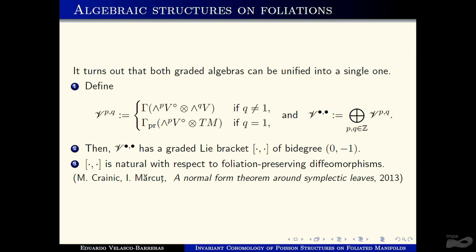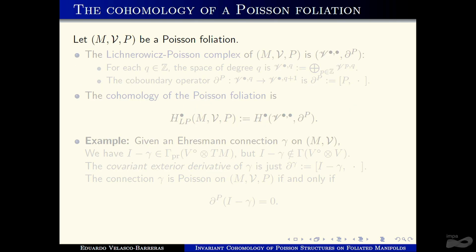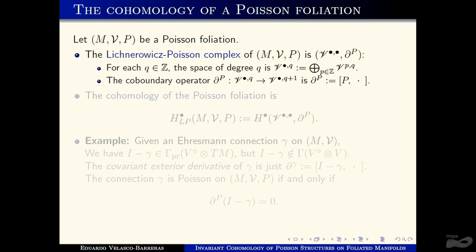So we are going to use this bracket to define the cochain complex associated with a Poisson foliation. If we have a Poisson foliation, the Lichnerowicz-Poisson complex of the Poisson foliation is defined by taking the natural grading of this B-graded Lie algebra, and the coboundary operator is simply the adjoint of the Poisson structure.